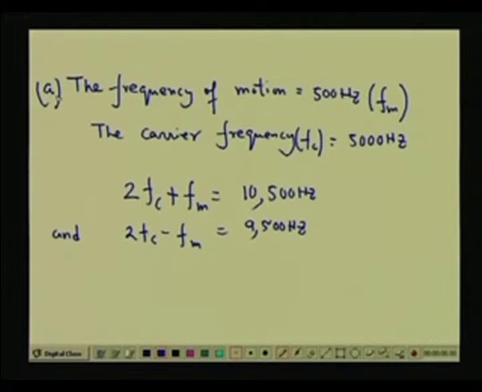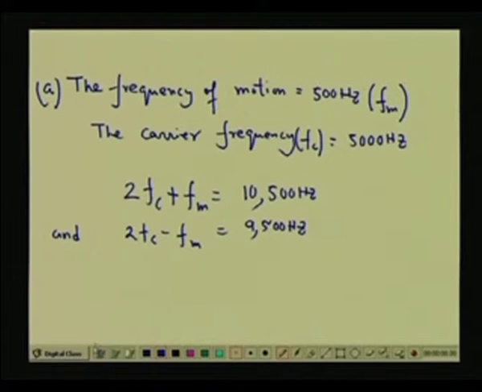Now, let us look at part B. In part B, we are asked to design a low pass filter for the above application, and also calculate the value of the resistance R of the phase sensitive demodulator circuit as shown in the figure. Let us go to the figure so it will be more clear.